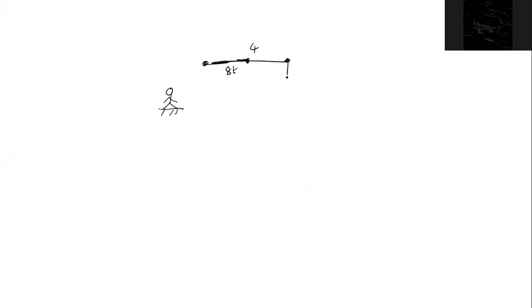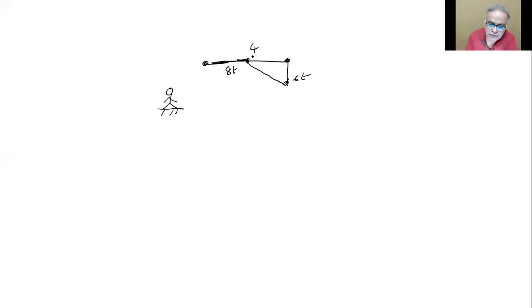In a time t, how much will this fellow cover? 6t. So what is the distance between them? This is 4, so this distance is 4 minus 8t, and this is 6t. This L is the distance between them. Do you agree?